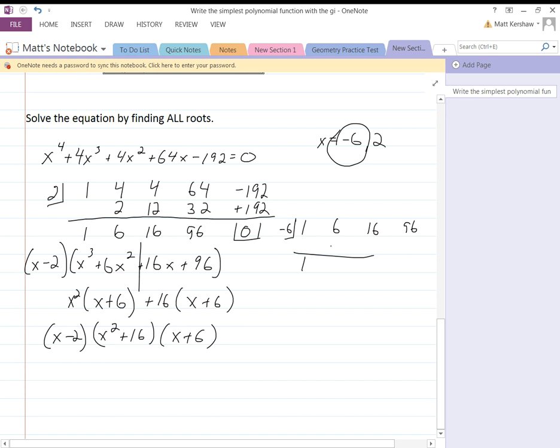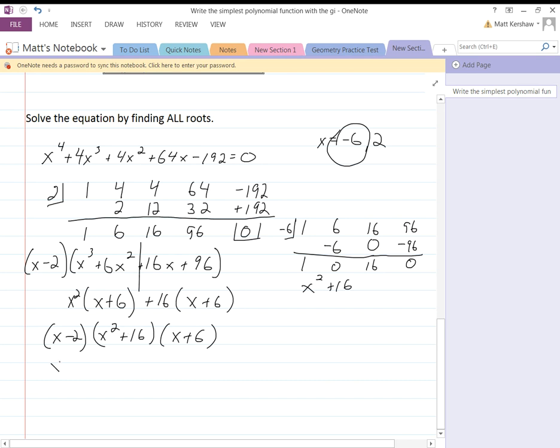And so we get -6, 0, 0, 16, -96, 0. And so since this was an x cubed, this would become x squared plus 16, which is what we have here. So there's 2 ways to get there. So I can't factor this. If this were a negative, we could, but since it's a positive, we can't.